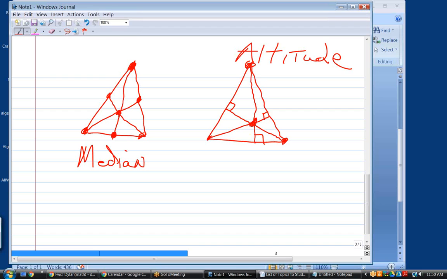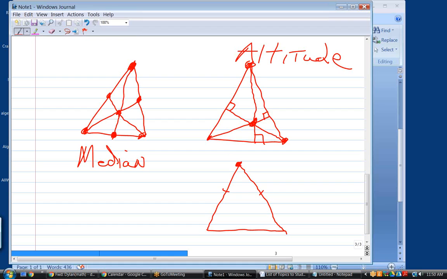So these things have meanings other than just names, but the key is to remember that the median goes to the middle of the opposite side. Now, there is one particular type of triangle where they are the same thing, and that's an isosceles triangle.